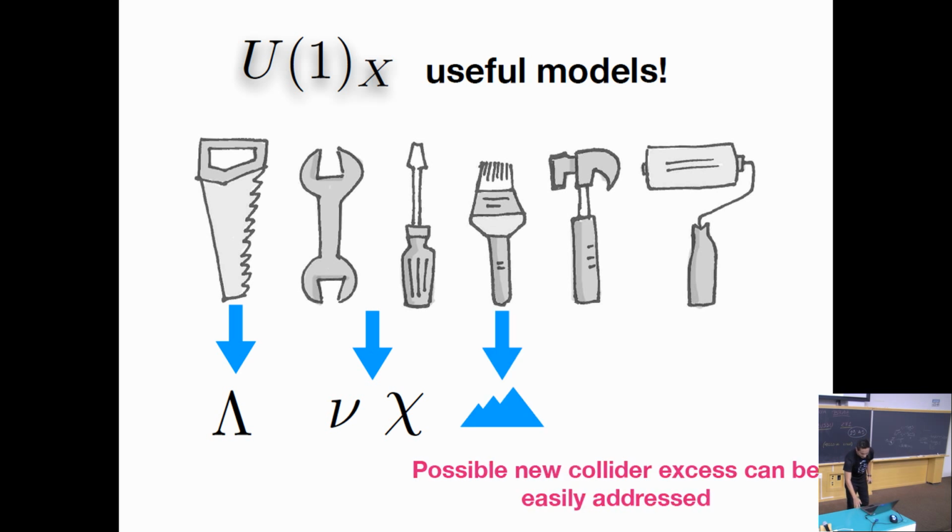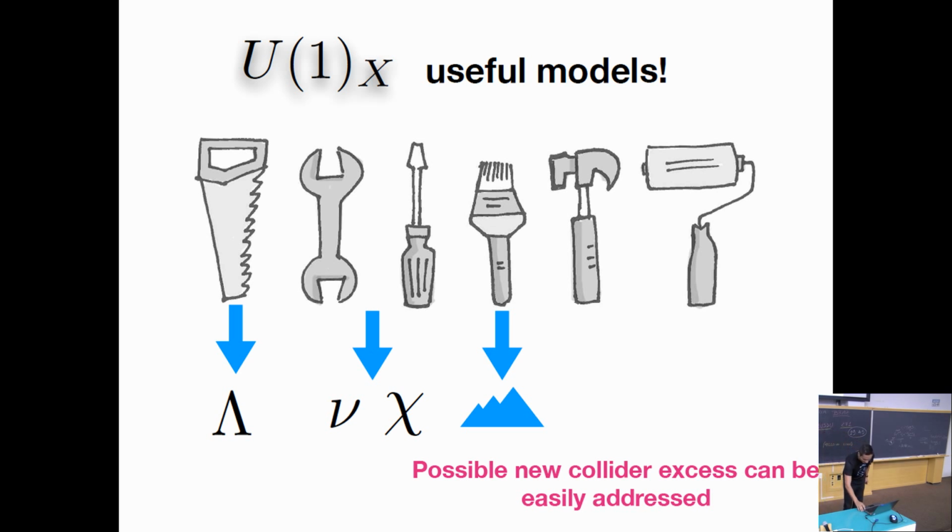Another important thing is that we already know that the LHC and other colliders have been looking for new particles for a long time and haven't found anything yet. But this kind of extension has a Z prime mediator for free. If you include a scalar sector, you have another scalar. So we have for free possible candidates to explain those bumps.